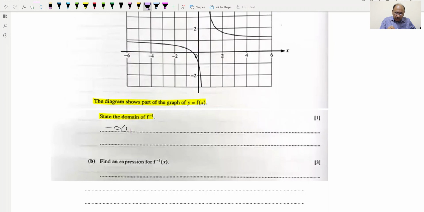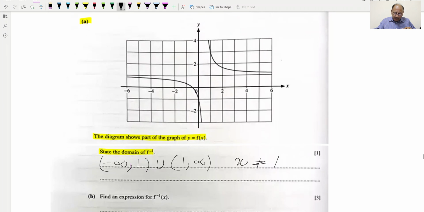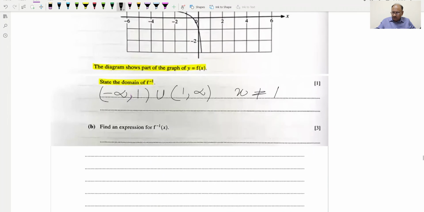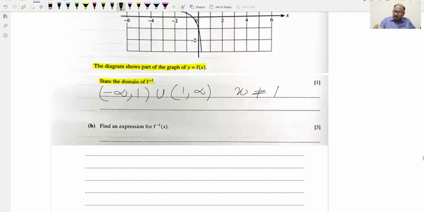So minus infinity to 1, and union 1 to infinity, and these are all excluded, so x is not equal to 1. This will be our answer for this one, because the range of f of x will be the domain of f inverse of x. That's why we have written this, and this was a 1 mark question. No further explanation is required for this.